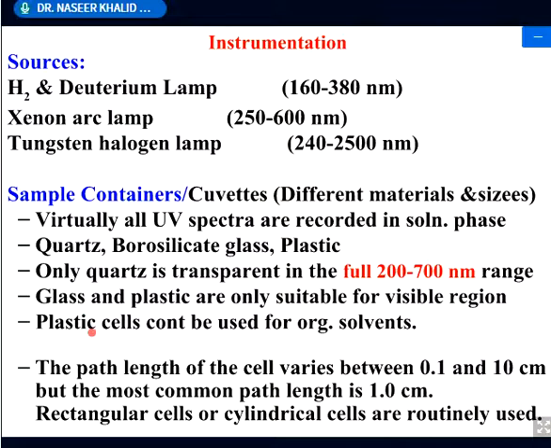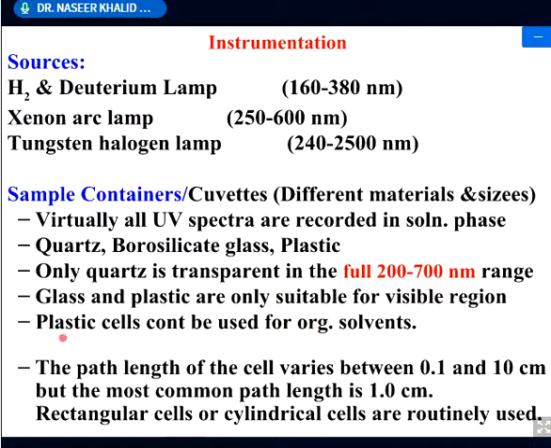But plastic cannot be used when we are using an organic solvent, for example benzene, chloroform, carbon tetrachloride or acetone. Those solvents can corrode the cell wall of the plastic cell, so its transparency will suffer.